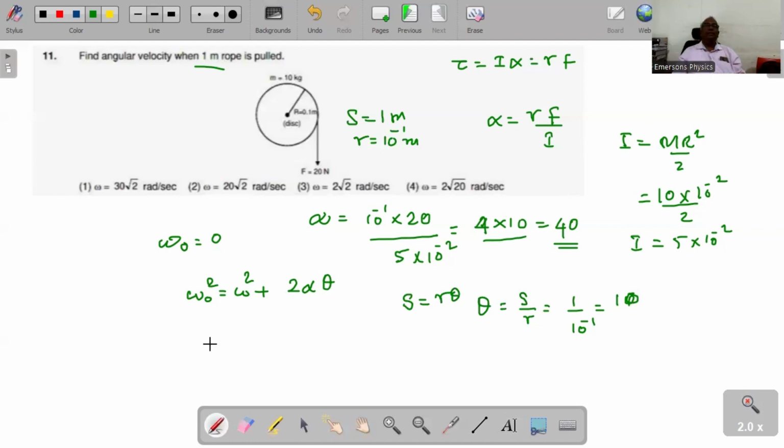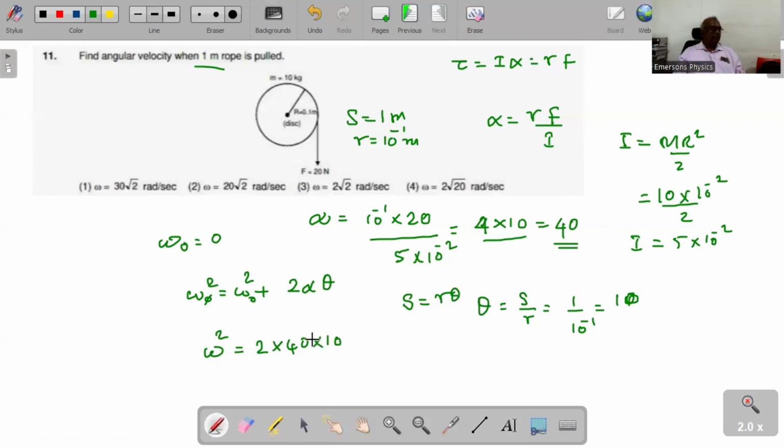10 is the value. Omega naught squared is 0. Omega squared equals 2 into 40 into 10.